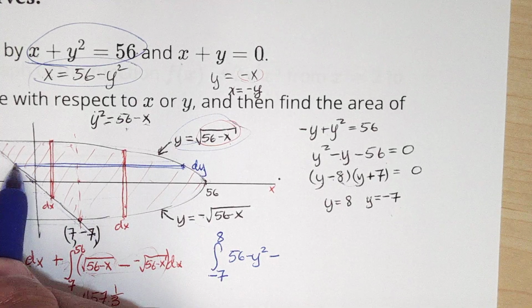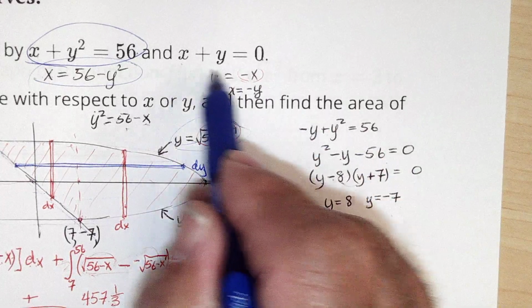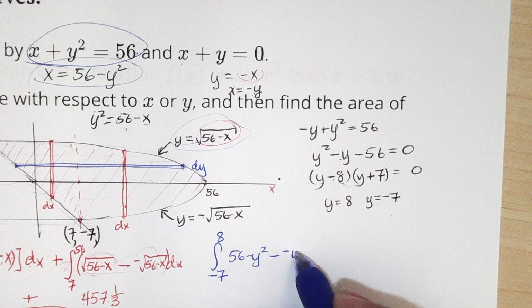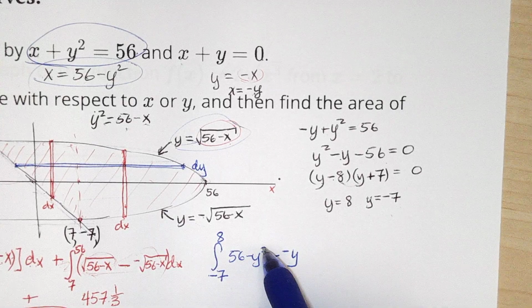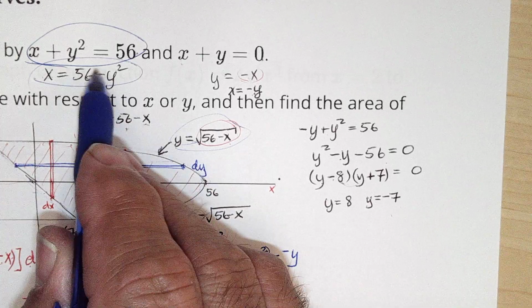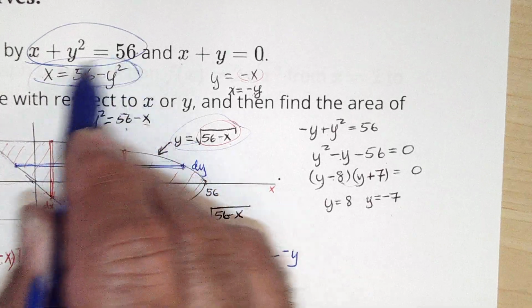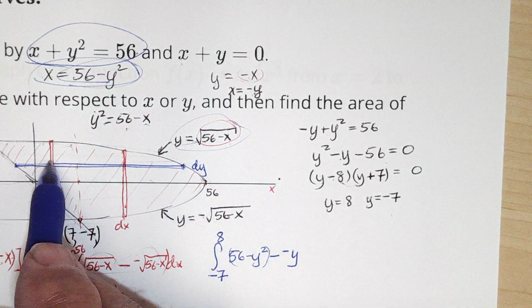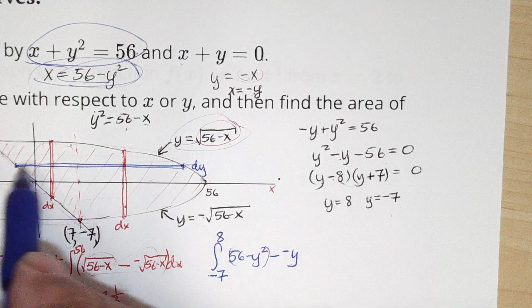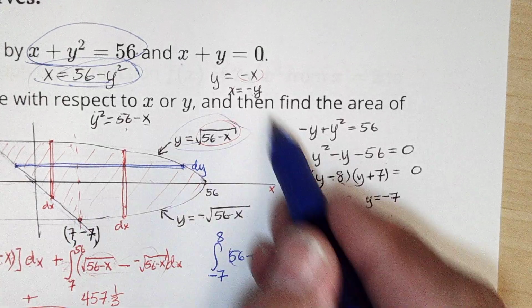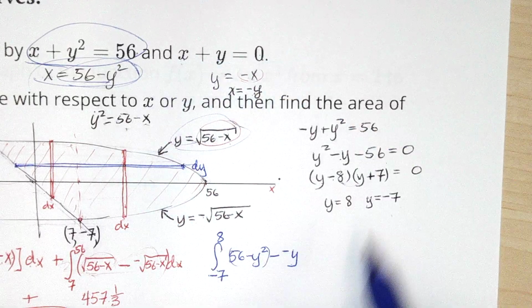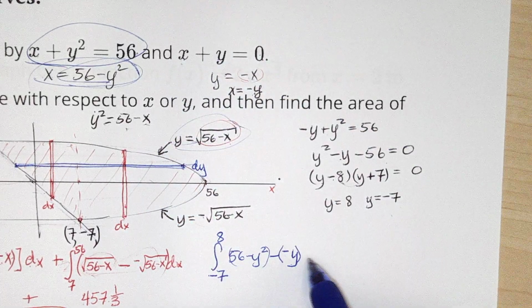That's also x, and x is equal to negative y. So I take the height of the top curve, the x value of that curve, because the height is in the x direction, minus the x value of the other curve, which is negative y, dy.